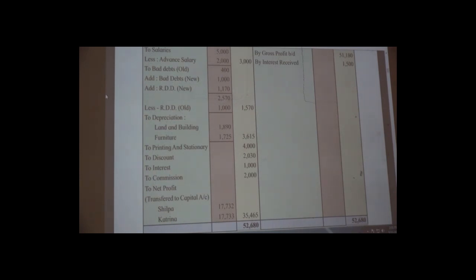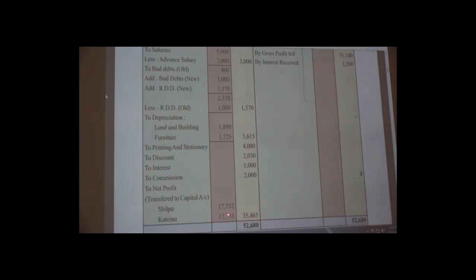So here, if the ratio is not given, we are going to share the profits and losses of the business in equal ratio. Okay, equal means 50%. As there are two partners, they will share the profits and losses equally. So divide this net profit 35,465 into both the partners equally. That is 50% of 35,465.